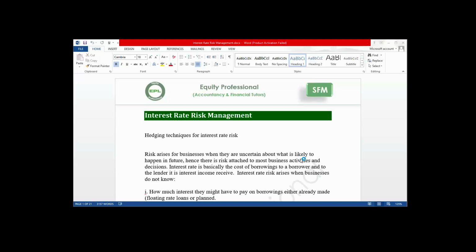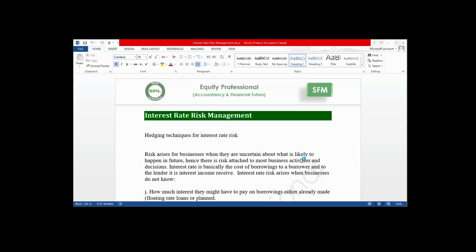We call it floating rate. The interest rate will vary according to the prevailing market interest rate. Market interest rate is determined by the central bank, the monetary policy in a country.